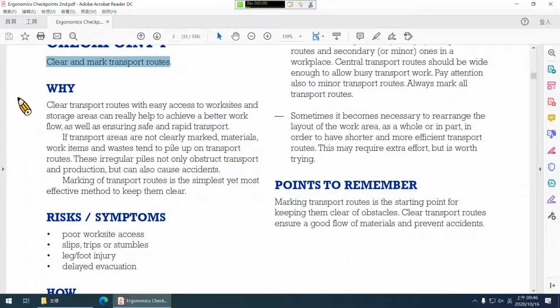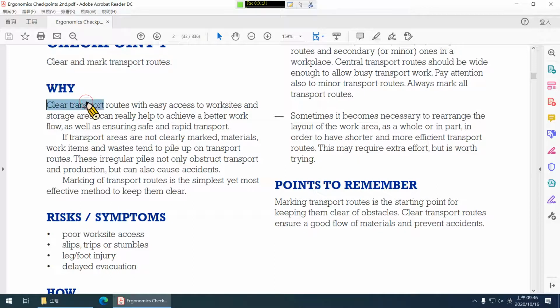It has some ergonomics implication. It's not just for productivity, not just for efficiency, not just for optimization of the transportation problems. It has meanings in ergonomics.